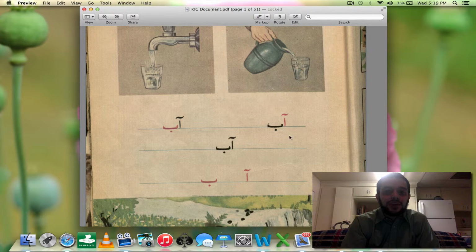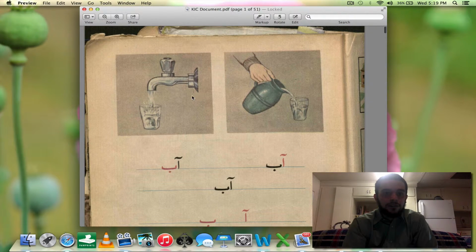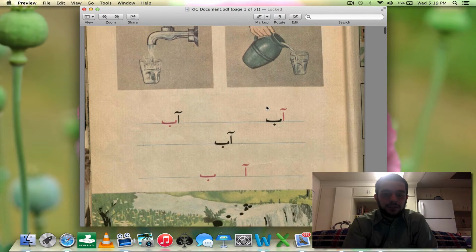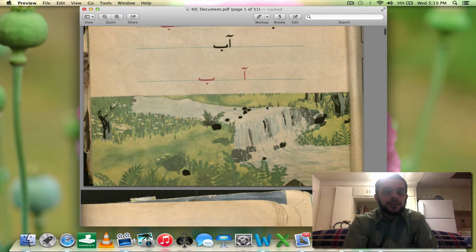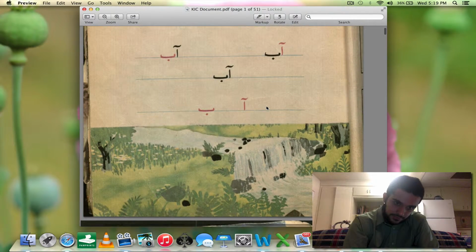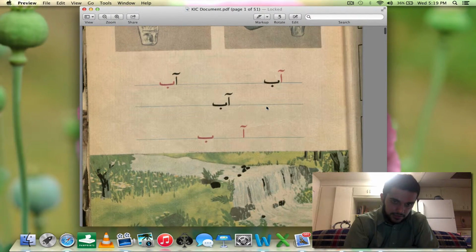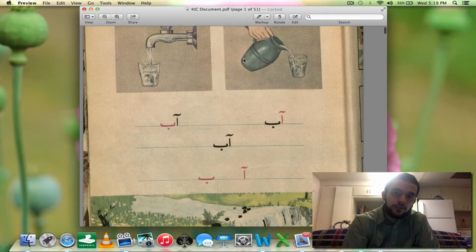And let's go. So what does ab mean? Well, if you look at these three pictures, we have a river, we have a cup, a faucet, a container. Ab is just water. So we get that. Clear images. And this is what I like. Even in this 80s book written by another government, they already start incorporating language techniques that I like a lot.